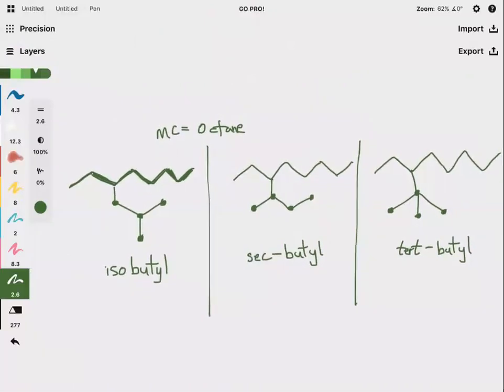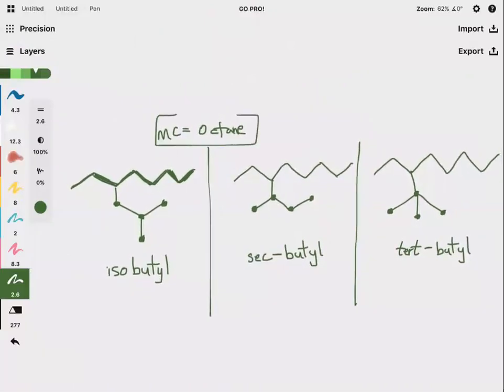So let me zoom out. Our main chain was an octane for our 3 examples. The one on the left had the 4 carbon substituent group structured in a branching pattern like isopropyl, except in this case we had 4 carbons and not 3. So we call that an isobutyl. In the middle example, we still have 4 carbons, so it's a butyl, but they're all in one line.